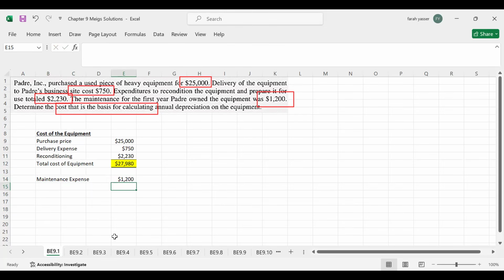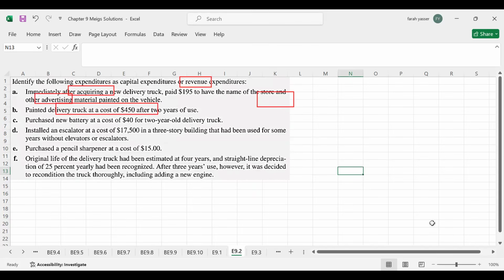Then the second example which we are going to do is exercise 9.2. This 9.2 is again the difference between capital expenditure and revenue expenditure. So the requirement is to identify the following expenditures as capital expenditure or revenue expenditure.